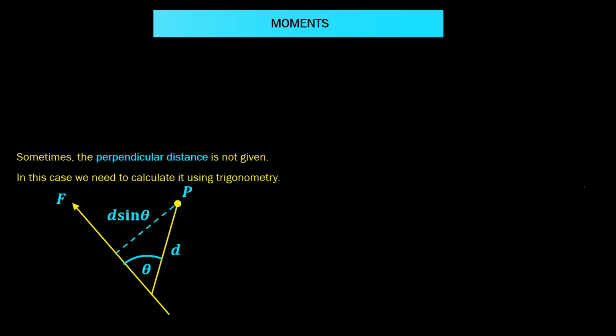And of course, if the hypotenuse, as shown, is equal to d, then the perpendicular distance is equal to d sine theta, given that the angle made between d and the force F is equal to theta. Therefore, we have that the clockwise moment of the force F about the point P is equal to mod F times d sine theta.